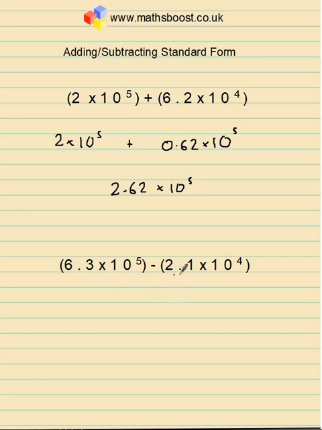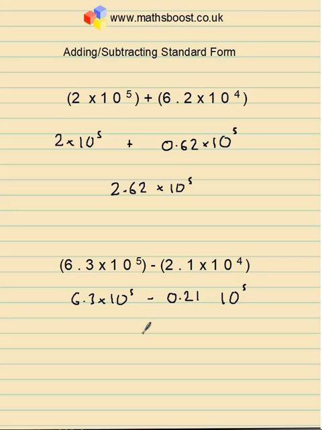They've both got to be the same. So I'm going to make this 10 to the 5. I've made that 10 times bigger, so I've got to make this 10 times smaller by moving the place value one place.